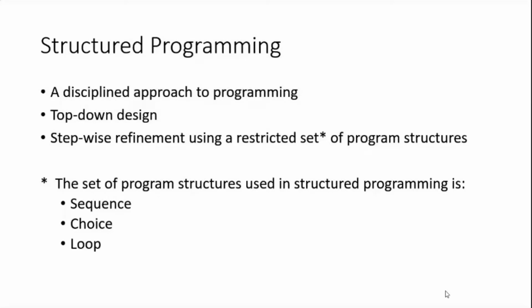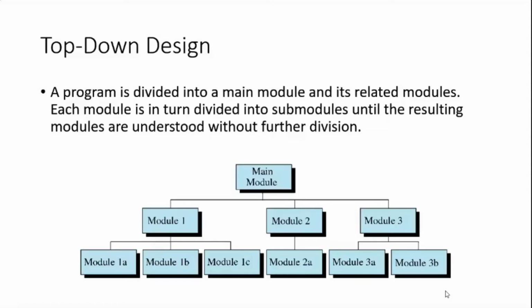These are the three program structures that are present in any program. So sequence, choice, as well as loop. Even if you look into any high-level language programs, these will be the three structures present in that particular programming code. So we will see them one by one.